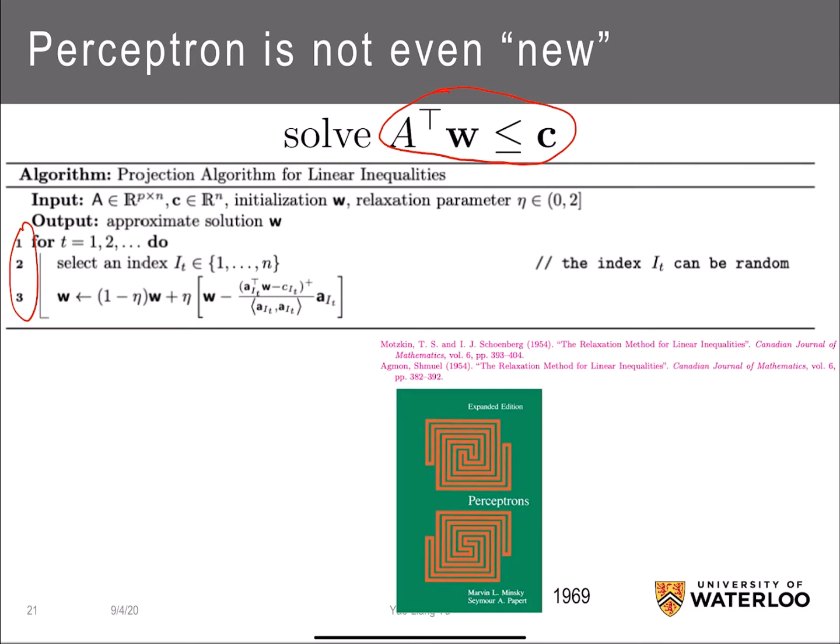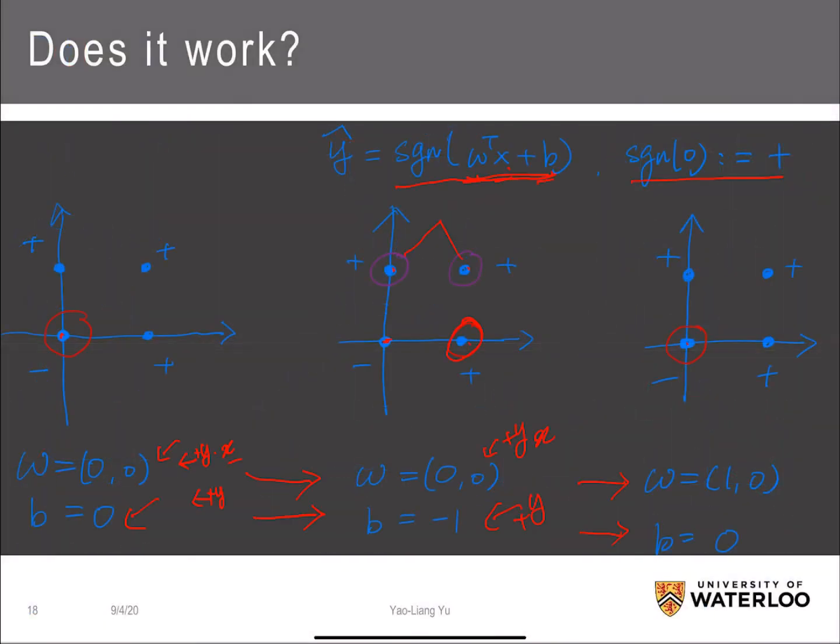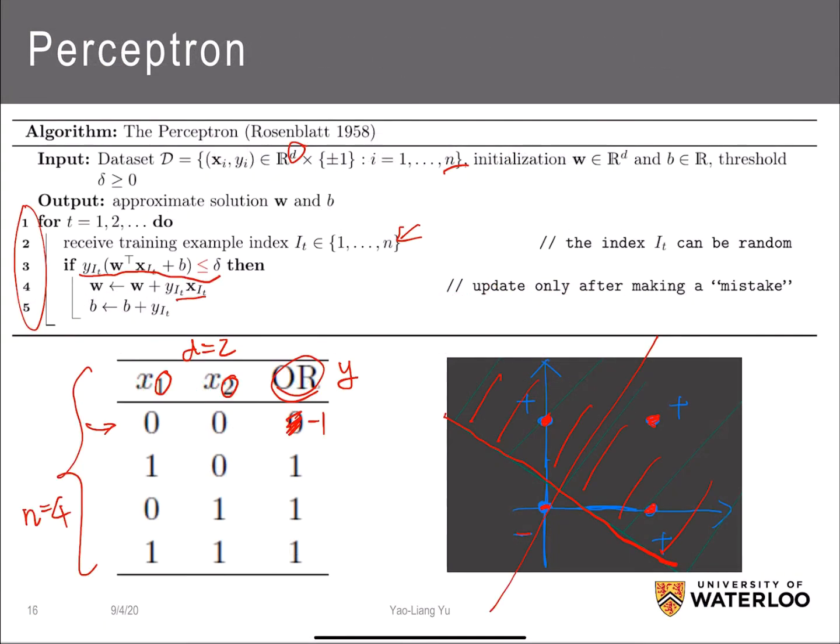Okay, and you can see the similarity between this algorithm and the perceptron algorithm. And this algorithm was studied by Agmon and Motzkin and Schoenberg in 1954, whereas the perceptron algorithm was around the same time, even though they did not know each other's result. But if you go back, the citation we gave for Rosenblatt was in 1958.